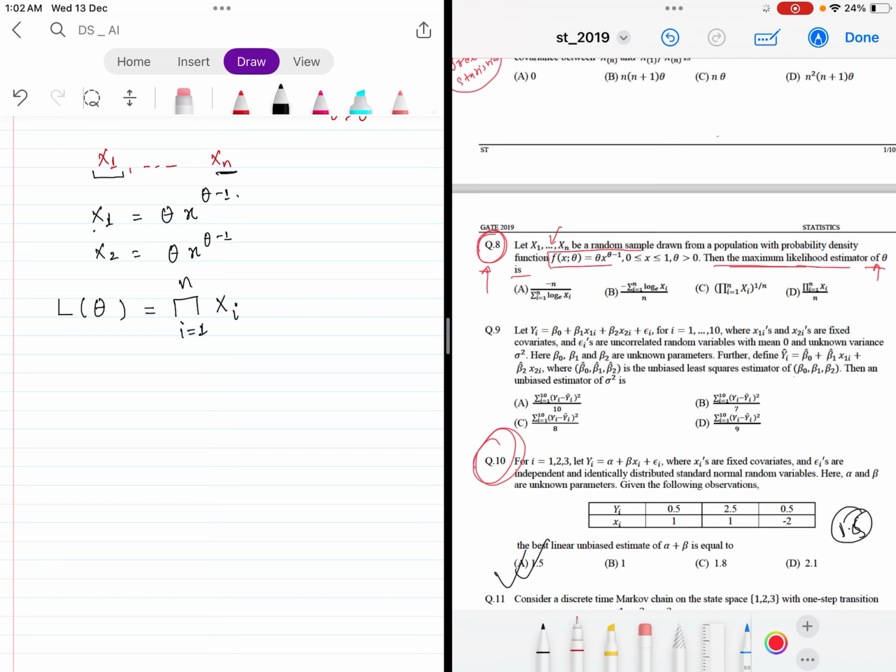To find this value of theta, first let's put in the PDF: each x_i gives theta times x_i to the power theta minus 1.